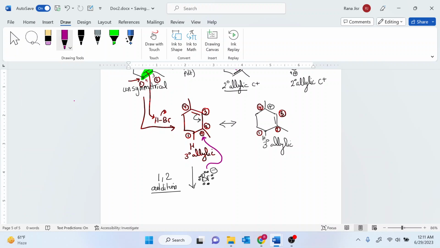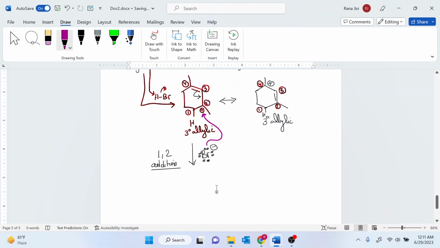Okay. Now, when it attacks the plus charge, since you are creating a chiral center in here, you have 3 different groups and you are adding a 4th one, then in this case, you would need to consider stereochemistry of the reaction and show the bromine attacking either from the top or from the bottom, and change the stereochemistry of the CH3 though.